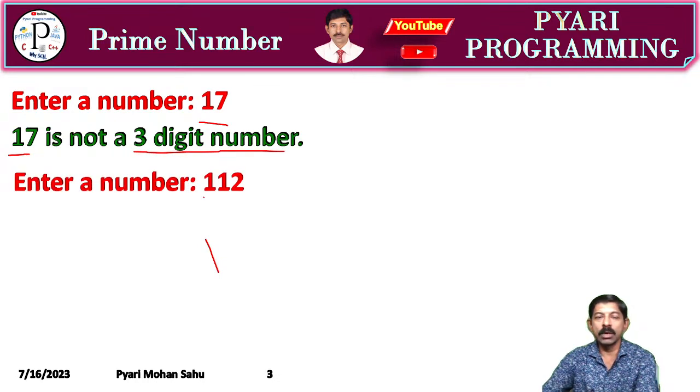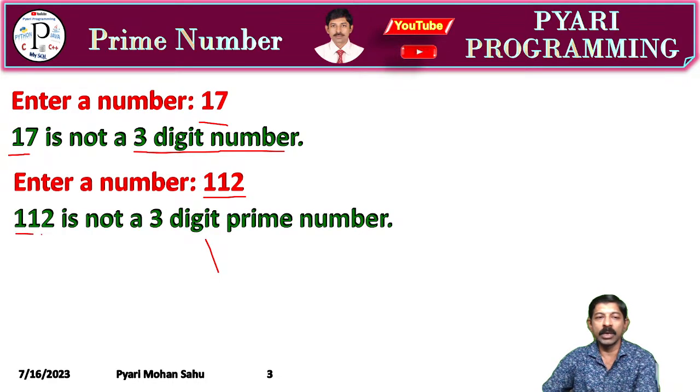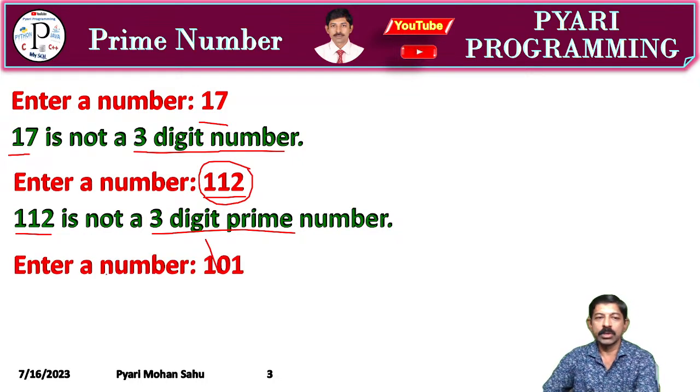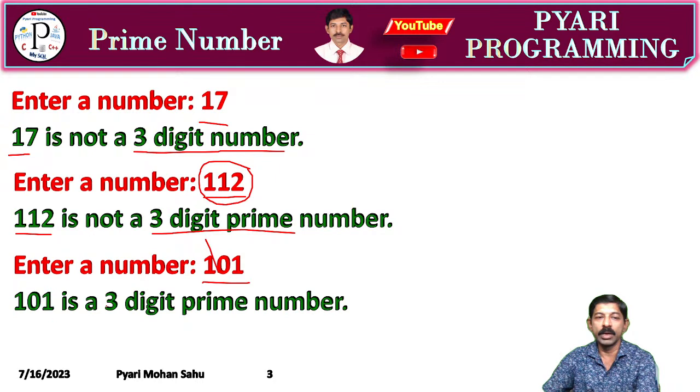If the user has entered a number called 112, now in that case, it should display 112 is not a three-digit prime number because it is divisible by 3. Next, enter a number 101. It is three-digit, but it is not divisible by any number. So that's why it is a three-digit prime number.